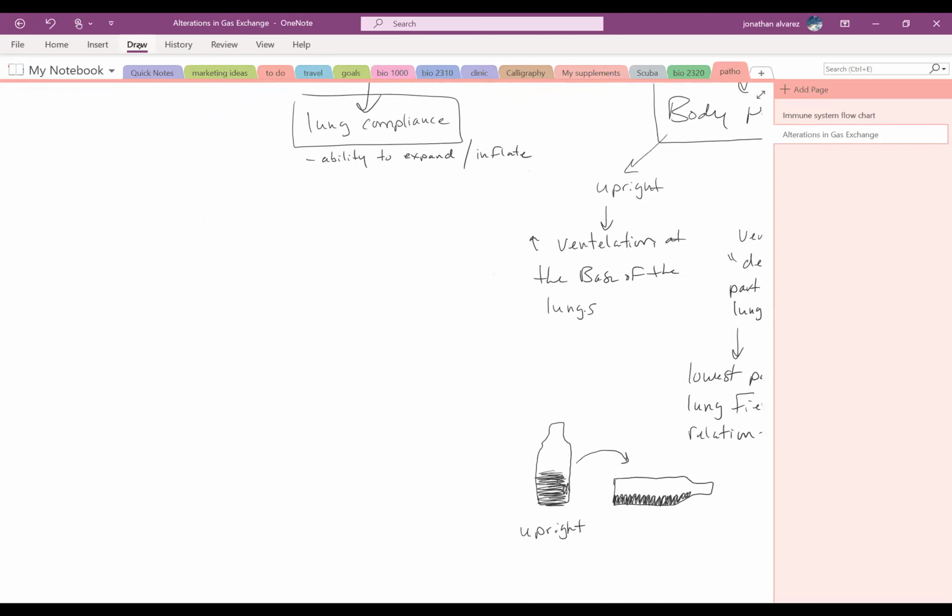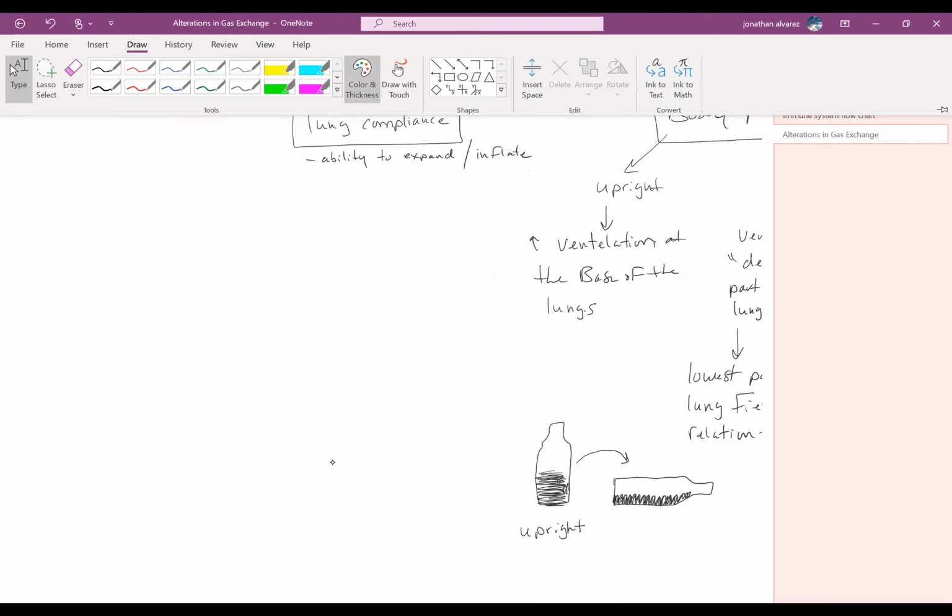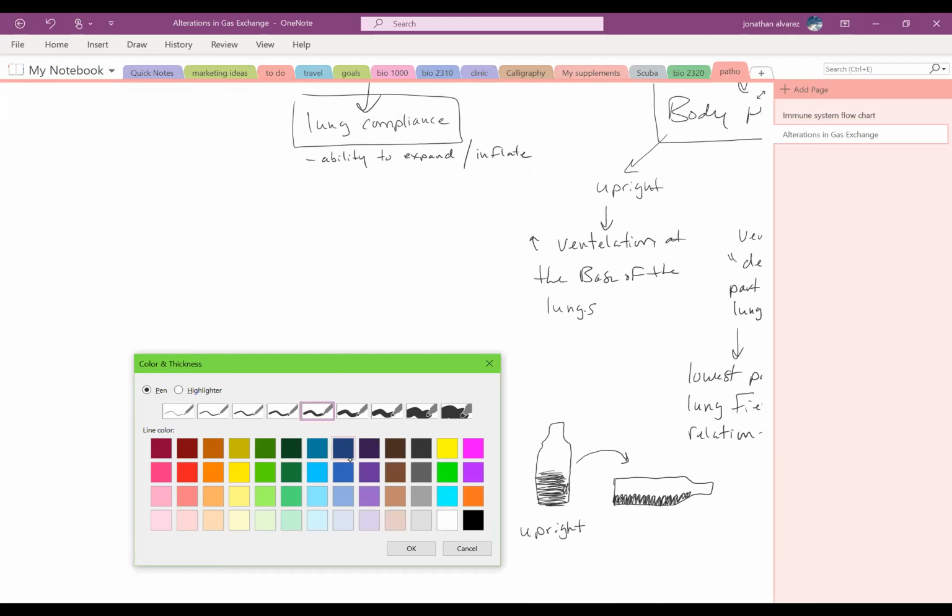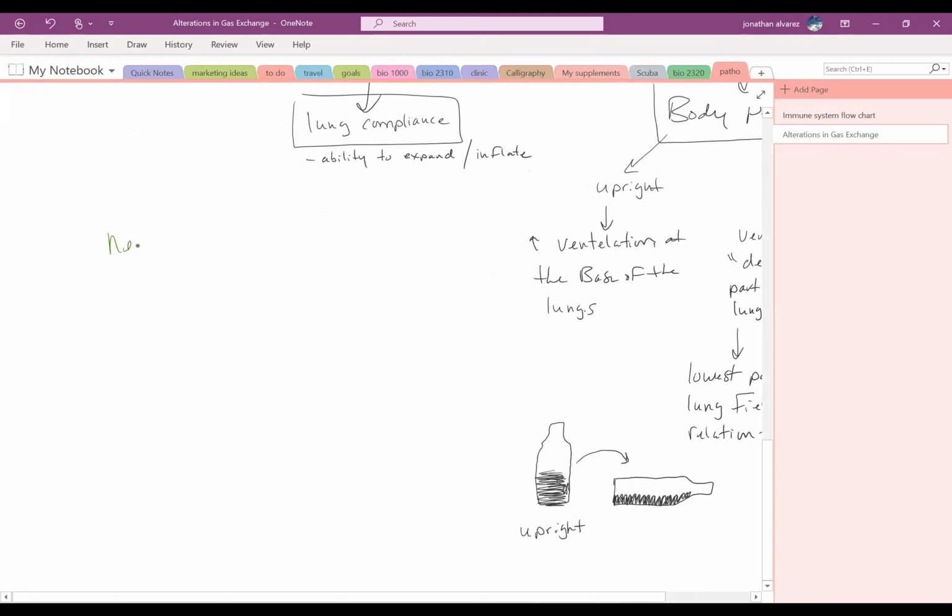Neurologically, you have the medulla, like the medulla oblongata, so part of the brain stem, and the pons.